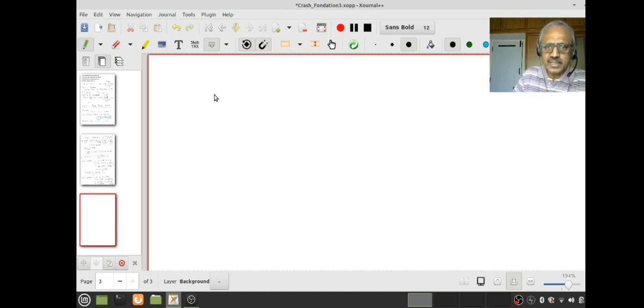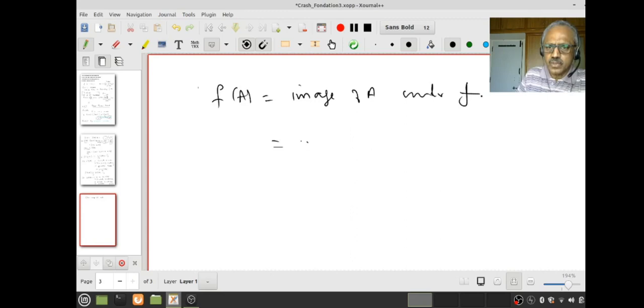But unfortunately, this f of A, let us give a name. I give it as the image of A under the function f. One also calls it the direct image, because of what we are going to say later. But forget it. Image of A under the function f. Now, taking images under the function behaves well with respect to union.